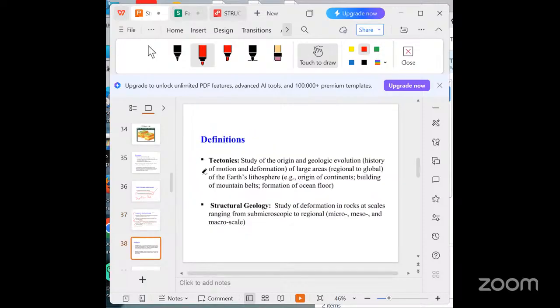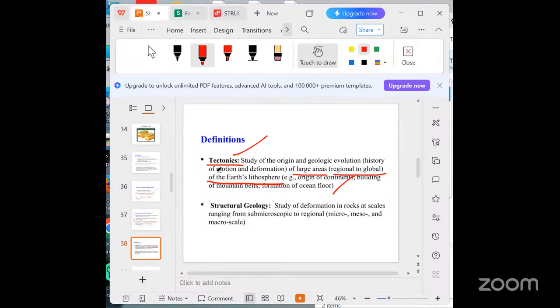Now you see the definitions of these two. First one is tectonics. What is tectonics? The study of the origin and geologic evolution. Geologic evolution means history of motion and deformation, of large areas, regional to global, that is, large areas of the earth's lithosphere. It means origin of continents, building of mountain belts and formation of ocean floors.